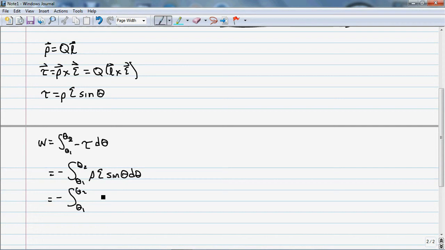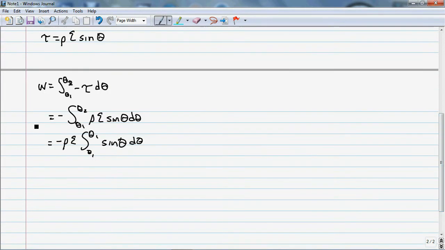I can take the negative sign out, and I can take the dipole moment and the electric field strength out, and that just leaves me with the integral of sine theta d theta. The integral of sine theta is negative cosine theta, so that's going to take away this negative sign.